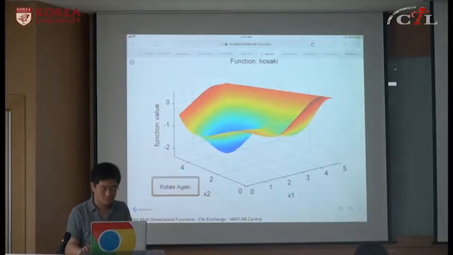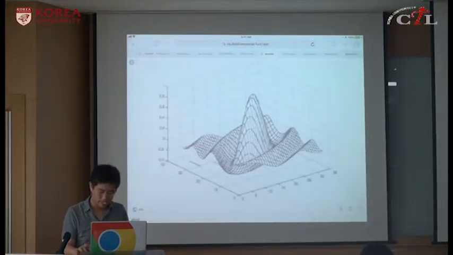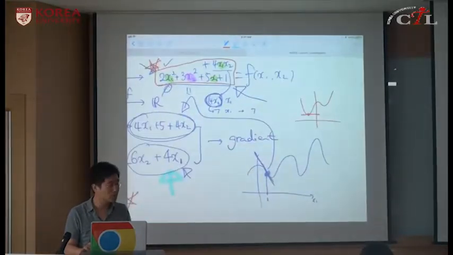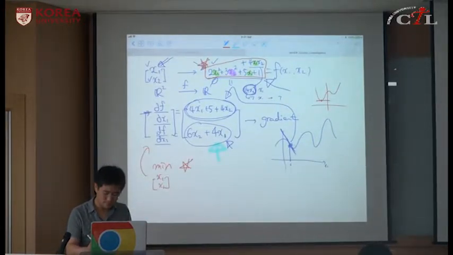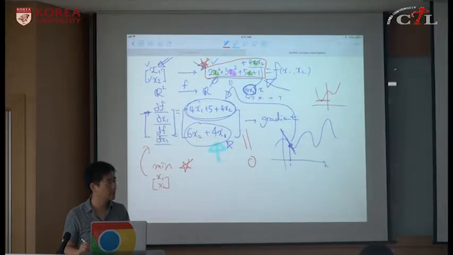Our conclusion is that this guy should be 0, because the slope for this mountain should be 0 and the slope for this mountain should be 0.